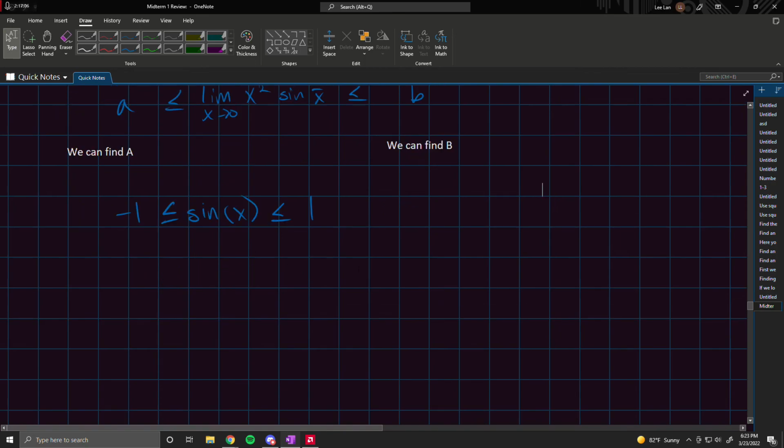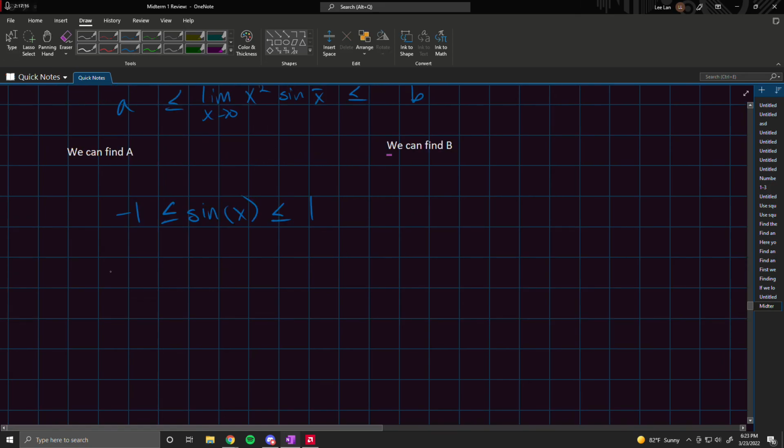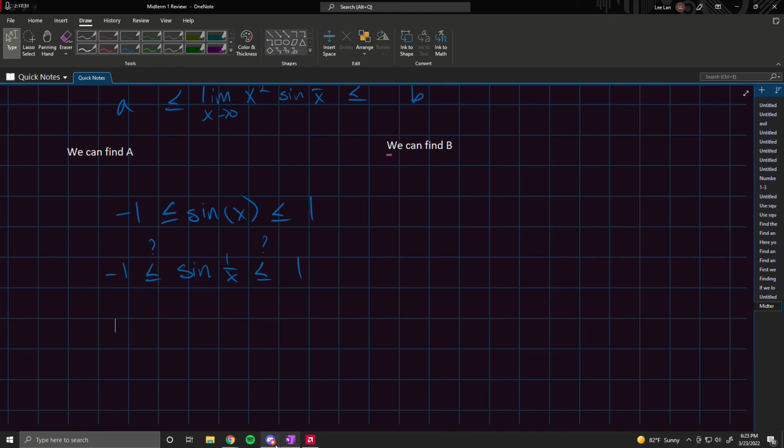So we have sine of x, but we want sine of 1 over x times x squared. Well, let's look at sine of 1 over x. Is this still true? Can we say that sine of 1 over x is between negative 1 and 1?